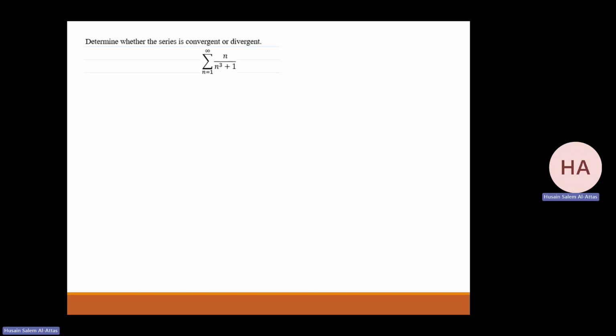Okay, I know that here n over n cubed plus 1 will be less than or equal to n over n cubed, since I make the denominator bigger, for sure the value will be smaller. So this is 1 over n squared. So I know this sequence is less than this sequence. Let me make it an and bn. So I have an less than or equal to bn. So this is the bigger, and this is the smaller.